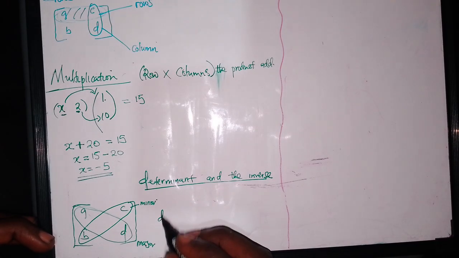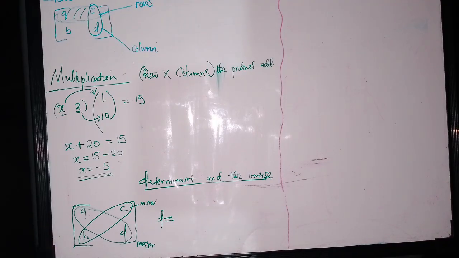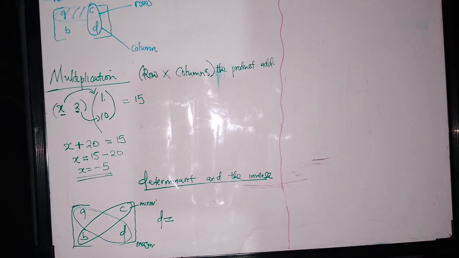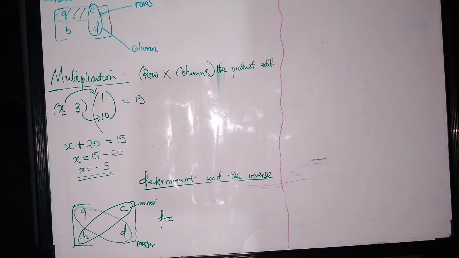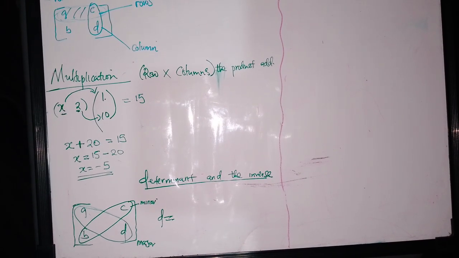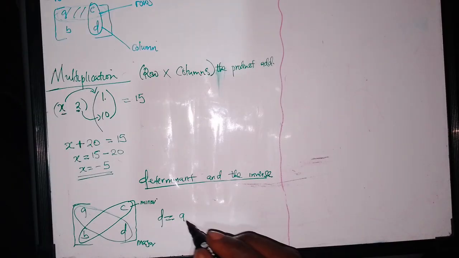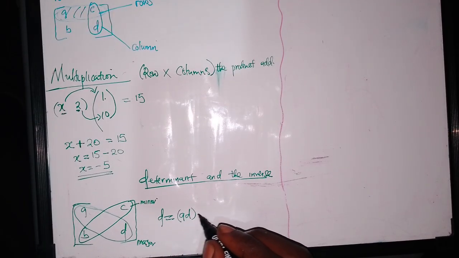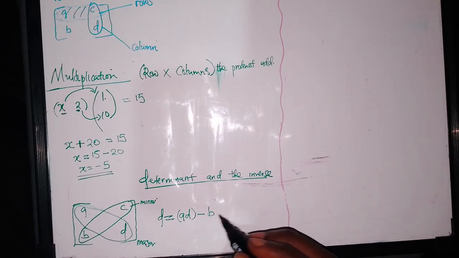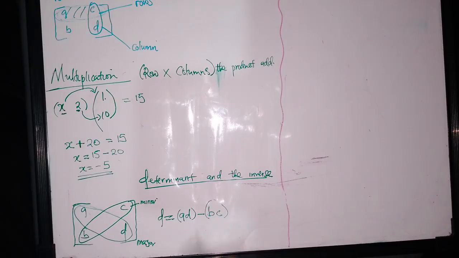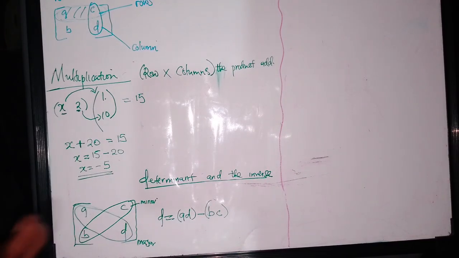So if we are finding the determinant, we are saying the major diagonal minus the minor diagonal. So A times D should be subtracted from B times C. This is the formula which we use to calculate the determinant.